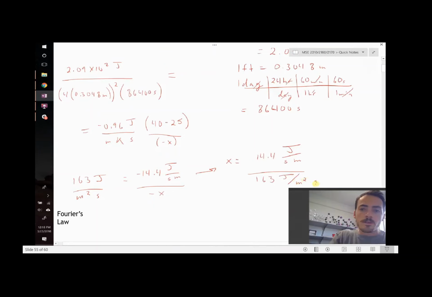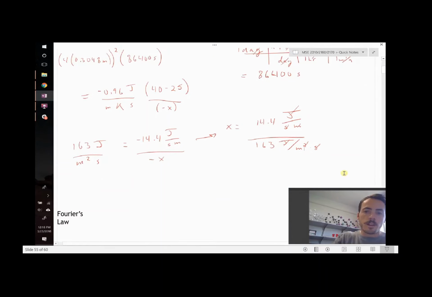So joules cancel, seconds cancel, one of the meters cancels, and we're left with our final answer: x is equal to 0.0883 meters. Or if we convert that to centimeters, since it's easier to think about a window in centimeters, that is 8.83 centimeters. So that is a really thick window.